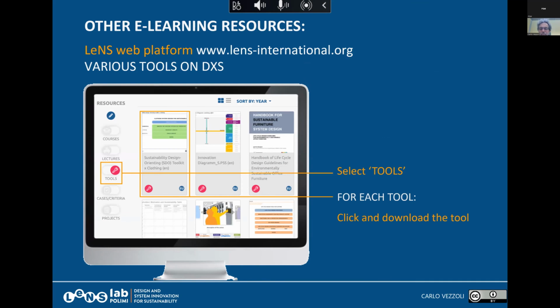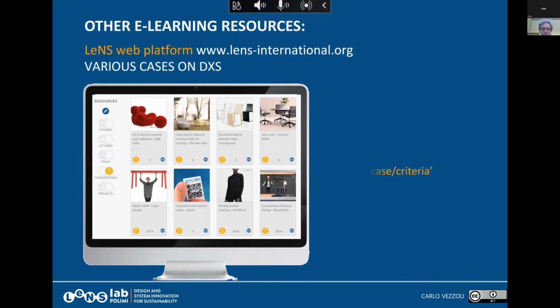In the same website, you can find tools. Of course, there are some tools that you will be using that are related to clothing, but if you're interested in design for sustainability more in general, this is a website from which you can download even other tools related to, in general, design for sustainability, or related to furniture, related to energy systems, and something like this.